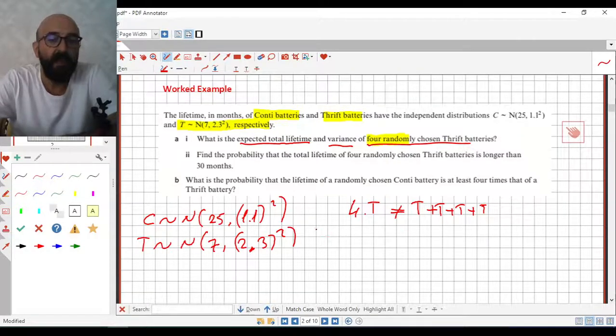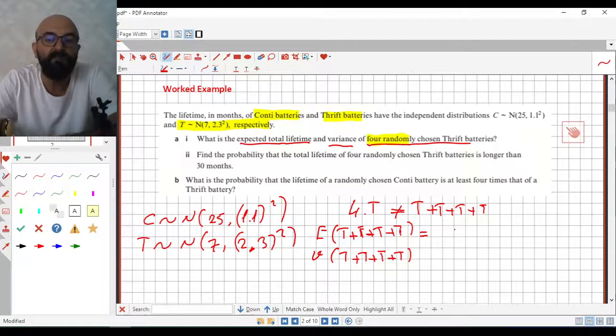Now we want the expected value and the variance of T plus T plus T plus T.